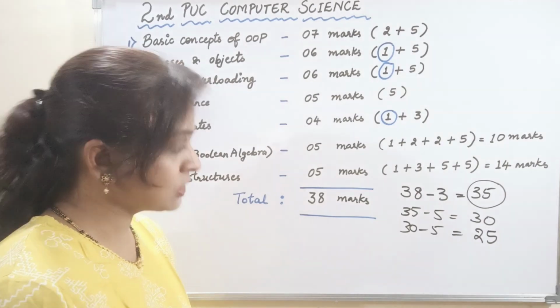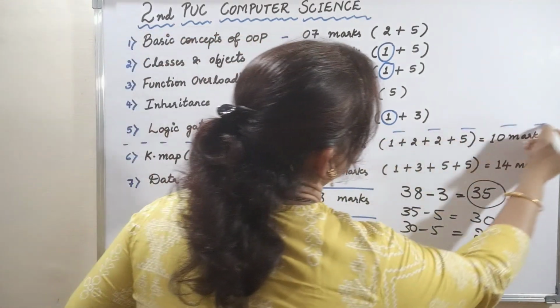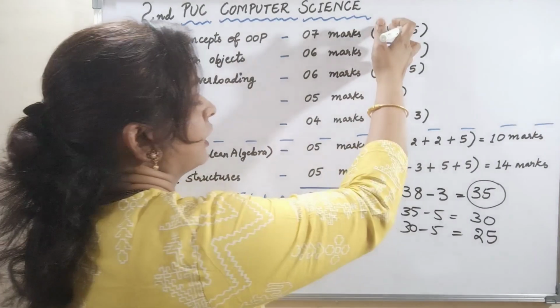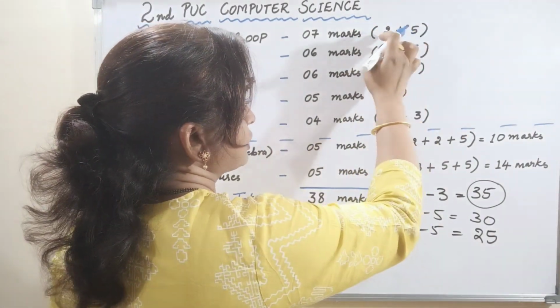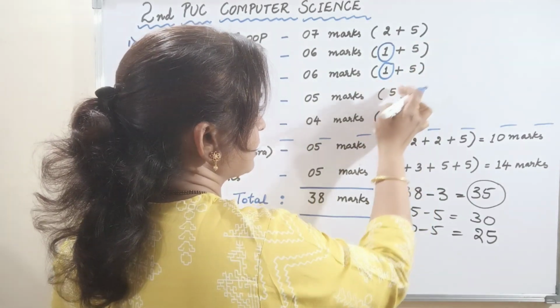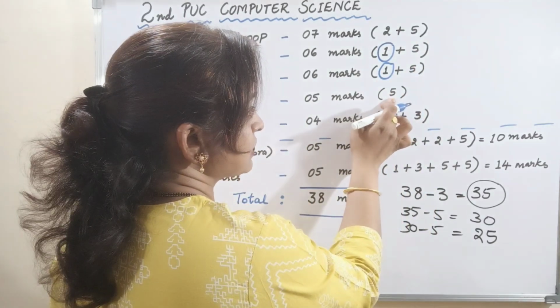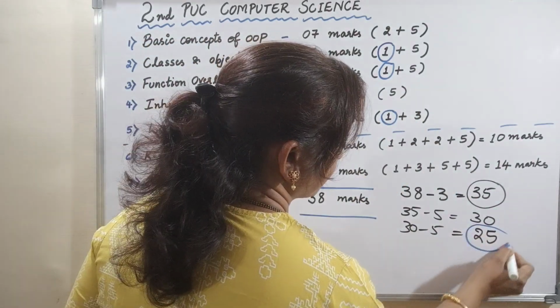So if you just concentrate till here, and if you skip all these MCQs also, just calculate. It is 5 plus 2 is 7, 7 plus 10 is 17, 17 plus 5 is 22, 22 plus 3 is 25.